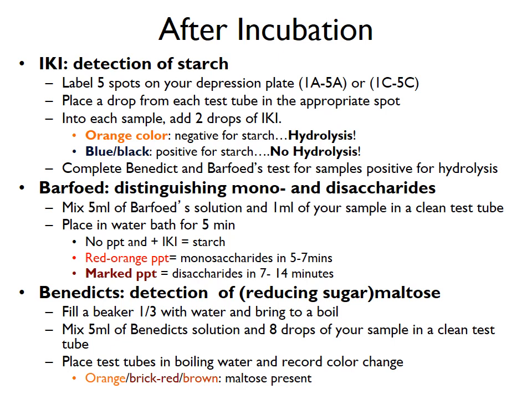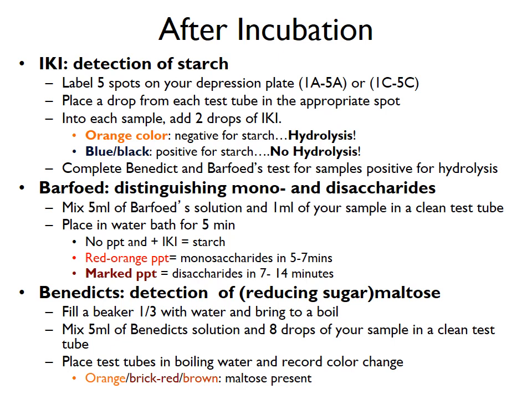So now what you do is to get a depression plate, and you're going to label the spots. It usually comes with wells, like concave depressions, and you're supposed to add a drop of each of your samples from the test tubes that you've incubated into those spots that you've labeled, and then you add 2 drops of the IKI on your sample, and you check if there's any color change.